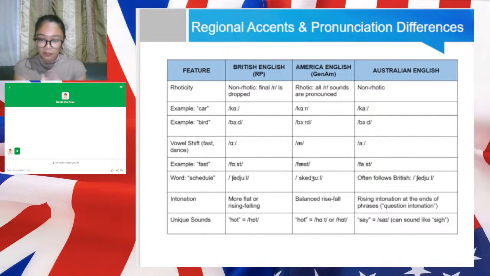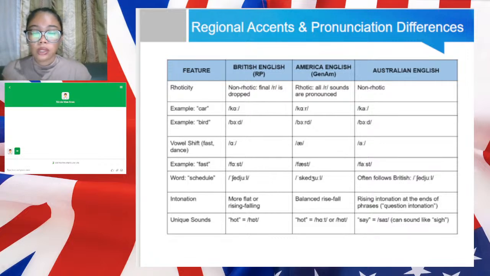So as you can see, regional accents involve more than just individual sound changes. Of course, that's a given. Intonation and even the way we pronounce specific common words can vary quite a bit. So it's very important to take note of that. Again, the goal isn't to master every English accent in the world, but understanding these differences can make you a much better listener and communicator in our globalized world.